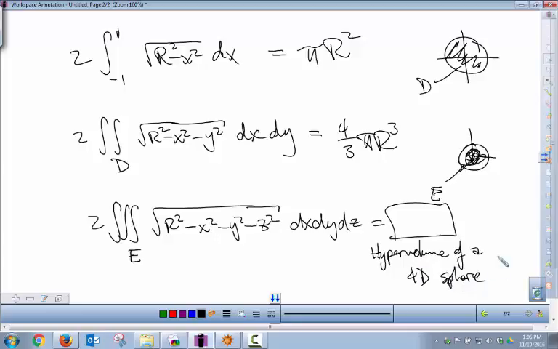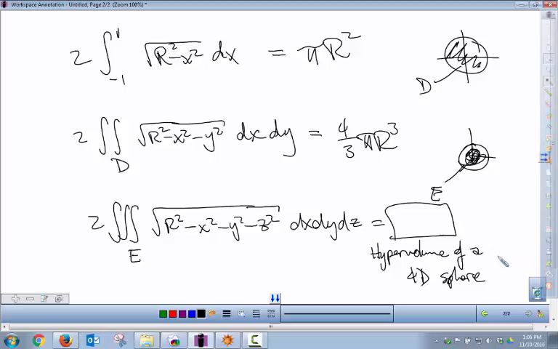Which is something that we've kind of mentioned, but we said, we're not going to talk about hypervolumes because whenever we do triple integrals, we'll just say, oh, it's like finding the mass or finding the center of mass and inertia and stuff like that. We kind of stuck with those applications. But geometrically, we can think about this as just another extension, generalization of finding the area of a circle or a volume of a sphere.